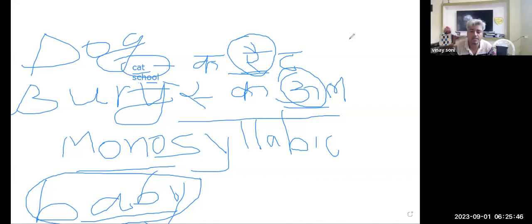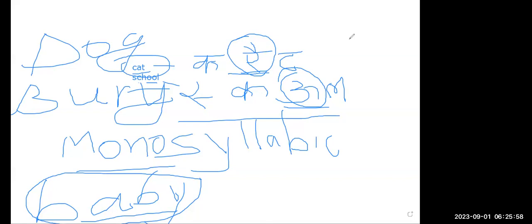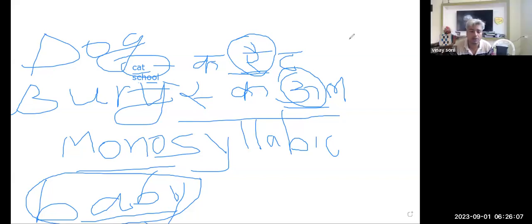Juhi, Afrin says it has only one vowel sound, A. What do you have to say? Juhi, we can't hear you very clearly. Speak more clearly, please.